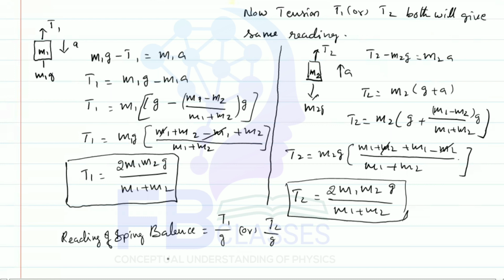Okay, so any one value we will take, nothing to worry. So now reading of spring balance is equal to 2 m1 m2 upon m1 plus m2. Okay, this is the answer. Let's see which is the correct option.